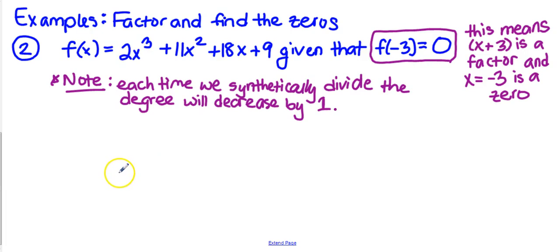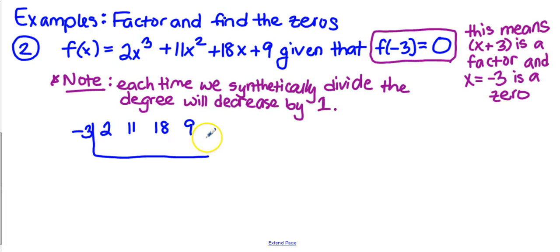Let's see how this will work. So using negative 3 outside the box, let's check for placeholders. 3, 2, 1, 0. No placeholders needed. 2, 11, 18, 9. Go ahead and press pause and run this through synthetic, and we'll see if we match.